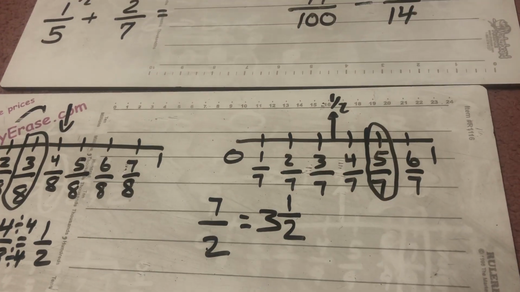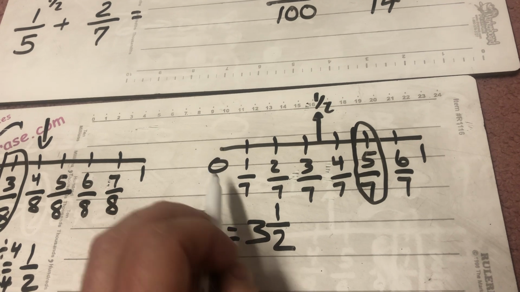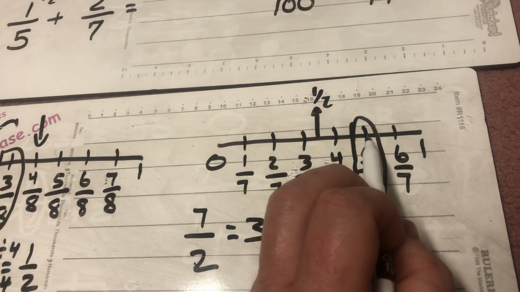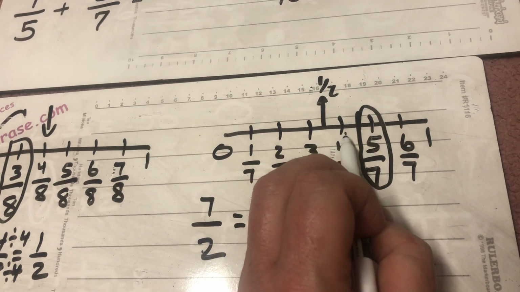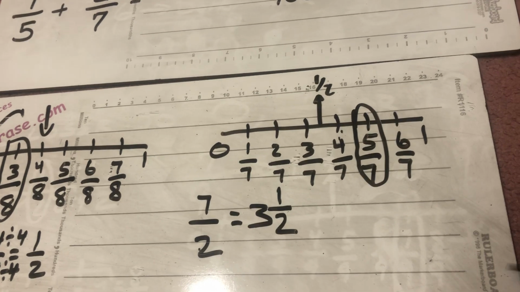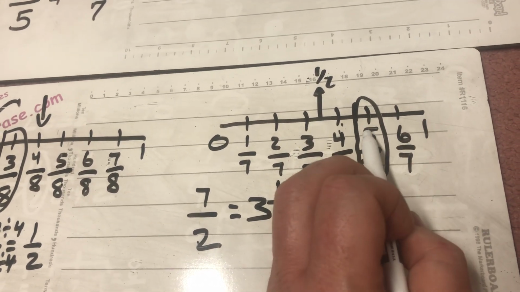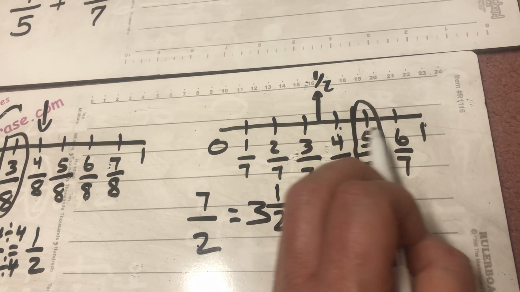Well, so I want to figure out, is 5/7 closer to 0? 0 is way down here, so it's not closer to 0. But is it closer to a half or is it closer to 1? Well, I'm 1 step and then just a half step, because if I take a full step, I go from 4/7 to 3/7. So I'm only 1.5 steps away from a half. But to the 1, 1 step, 2 steps. So I'm 2 steps away from the 1.